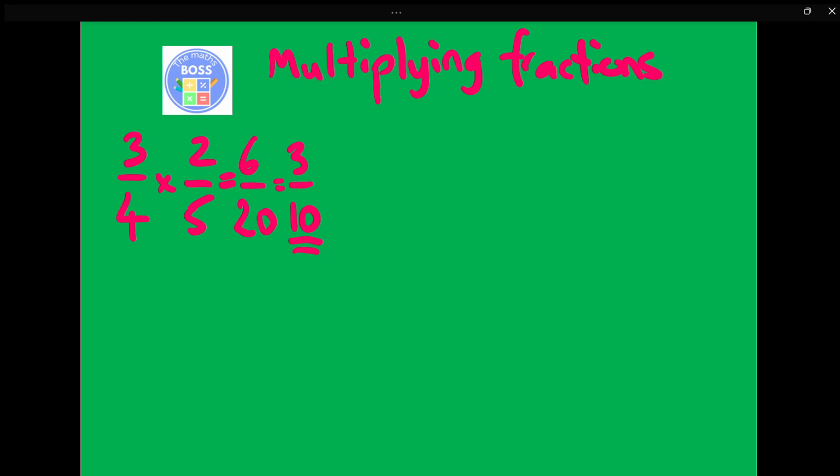The second case we have is when we have a fraction and we are multiplying it by an integer. So if we have 7/8 and we are multiplying it by, let's say, 5 whole ones. In this case, we need to realize that any integer can be written as a fraction as the integer over 1. So the new question becomes 7/8 times 5/1.